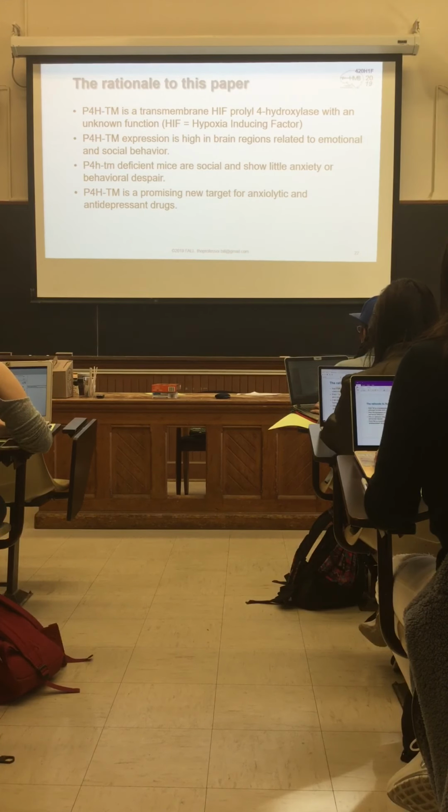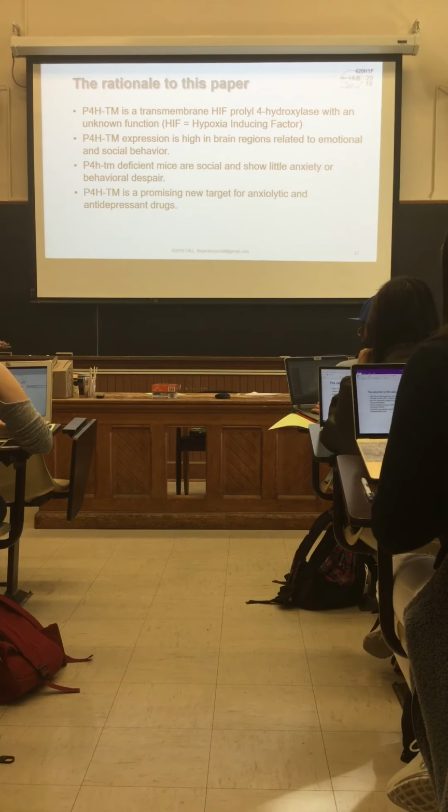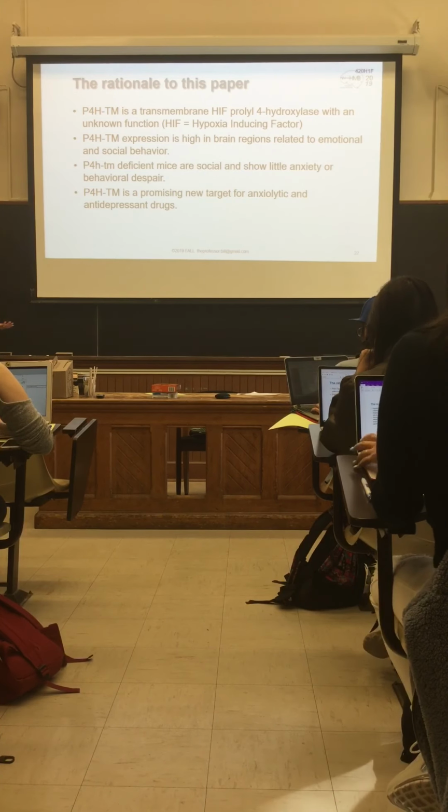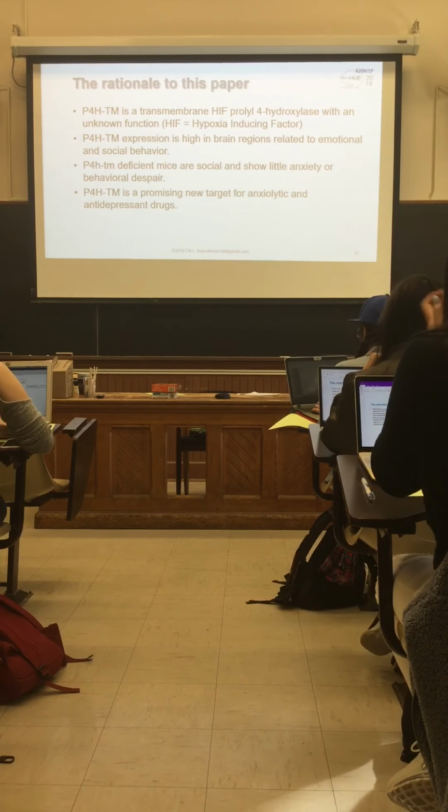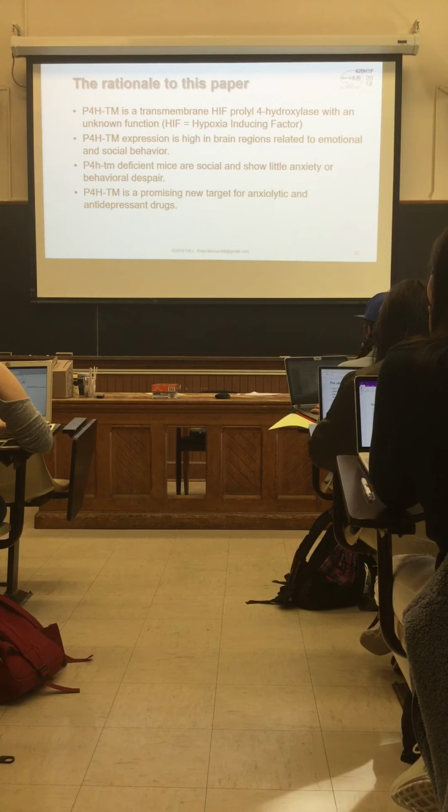So if you have deficient mice where we have reduced the levels of P4H, they actually have little anxiety. They don't have the same anxiety-related behaviors that you would expect to find in wild-type mice. So compared to wild-type, reducing the levels of this molecule found within these different brain regions seems to have an impact on anxiety-related behaviors and increases their social connectedness.